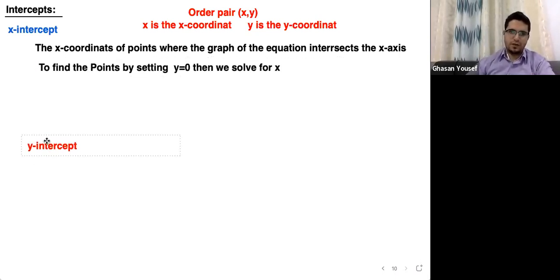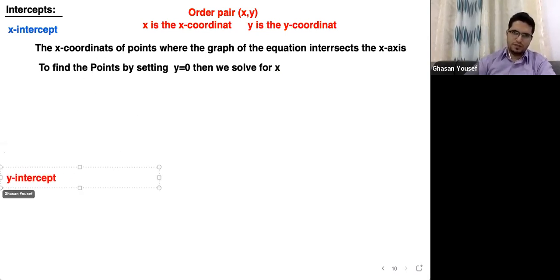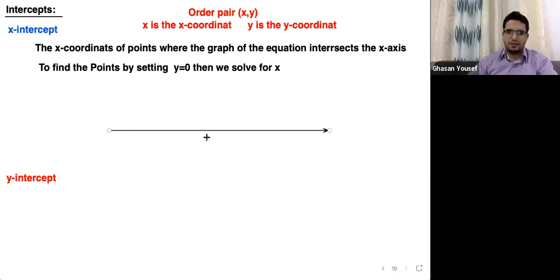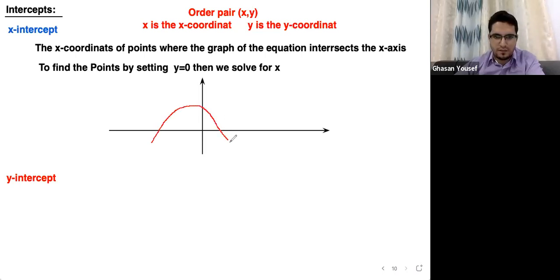Now, let me draw a small picture to show you where exactly the x-intercept is. Suppose I have a graph like this, and the function looks like this.